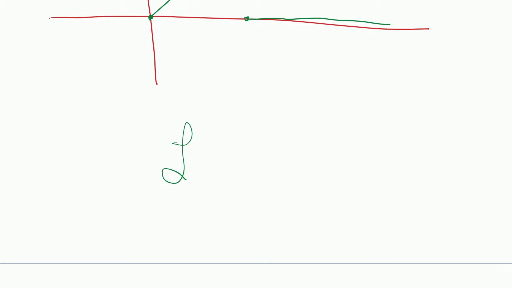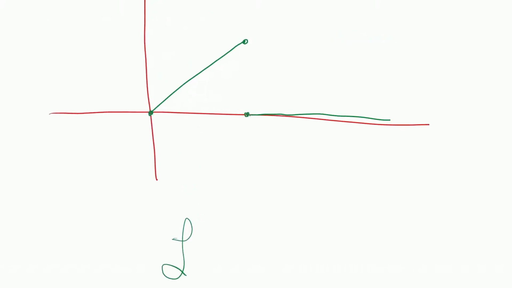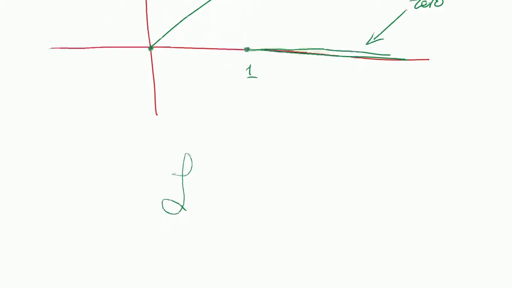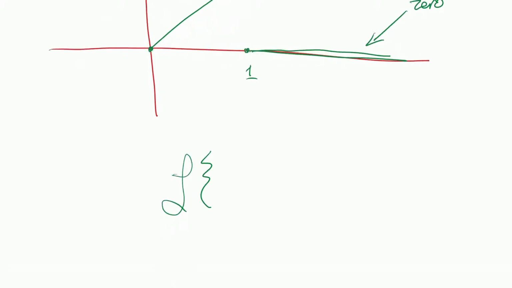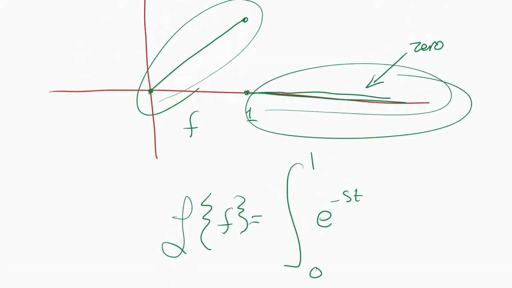Anyway, if you wanted to do the Laplace transform of something like that, here this is 0, that's 0. And let's just say that that's 1 there. The Laplace transform of this function ends up being the integral from 0 to 1 of e to the negative st times whatever this is, because this is 0 over here.